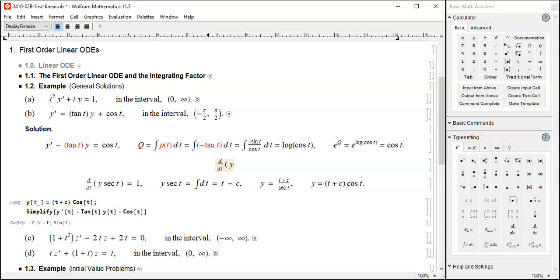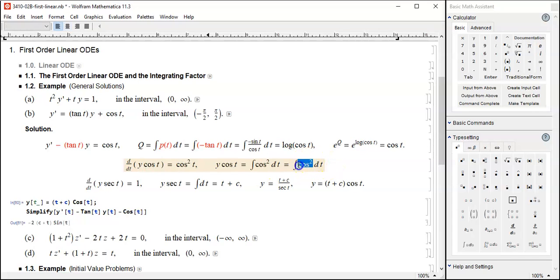Y times the integrating factor is, now I have to multiply by the integrating factor, so this is cosine squared. Take the antiderivative, y cosine of t is equal to the integral of cosine squared. How do you do this integral? This is something you must have done time and time again in calculus 2.